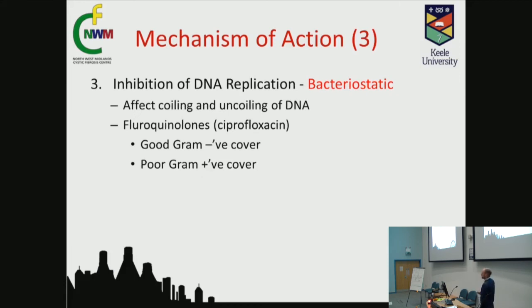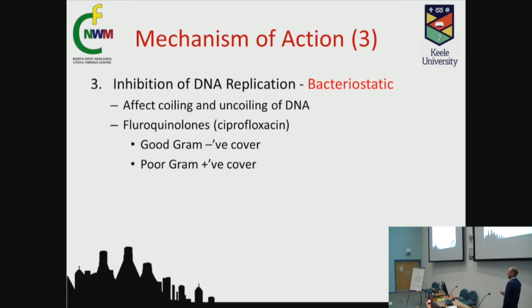The third way, so we've spoken about attacking the cell wall, we've spoken about stopping you being able to synthesize proteins, and then we can stop the bacteria being able to do DNA replication. So again, it's stopping the bacteria from being able to replicate, so again, we talk about this being bacteriostatic. A good example of this is ciprofloxacin.